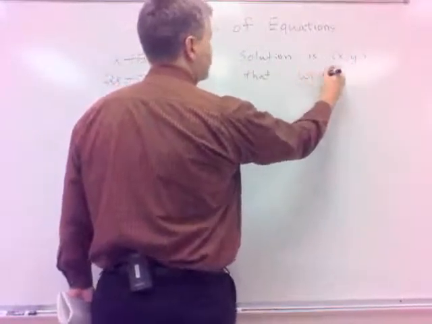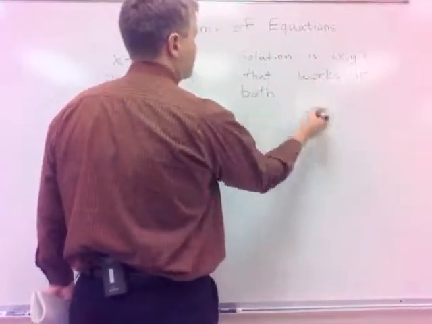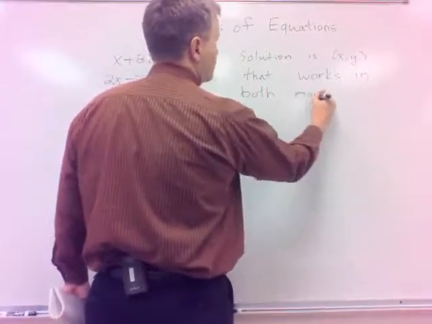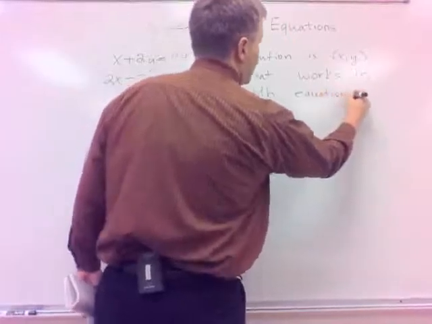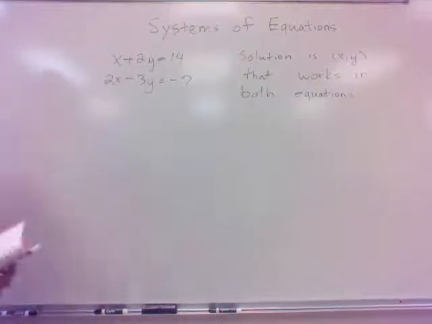What's it got to do? Well, if we're talking about a system, a solution is an x comma y that's going to work in both equations. The xy, to be a solution, has to work in both equations.